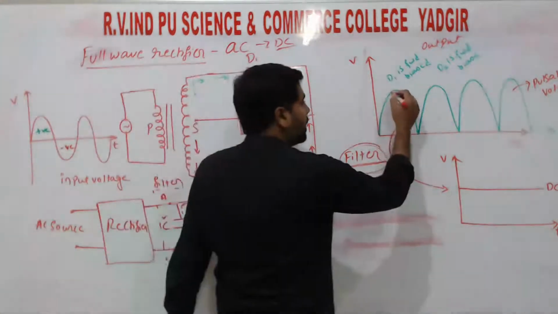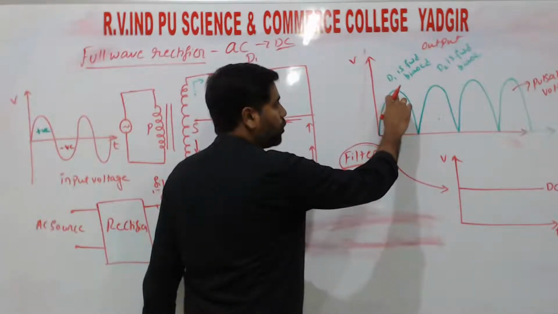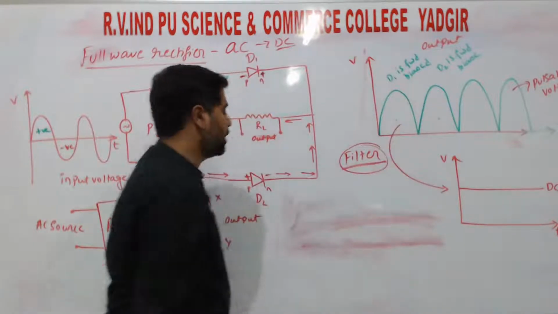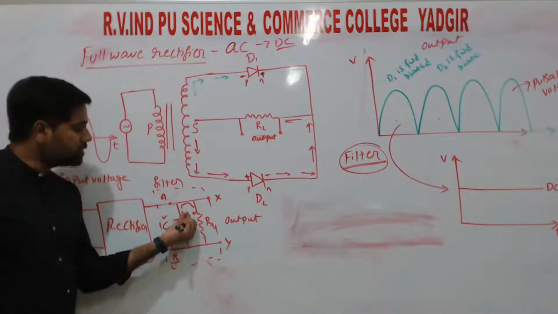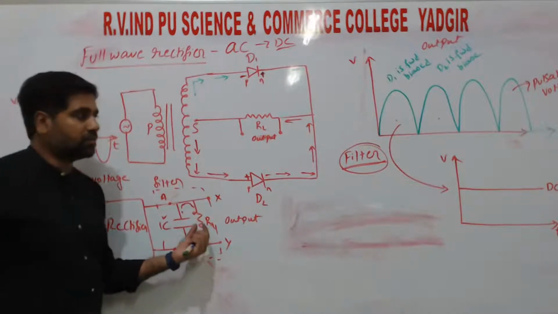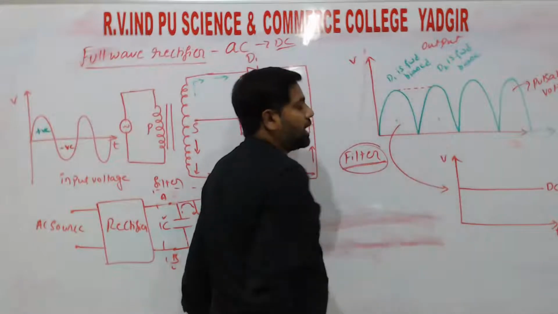So it starts from here, this is during the positive half cycle, and as the voltage goes on decreasing, that voltage has to be given by this capacitor, that means it loses its charges, it gives the charges to the load resistance, right? At that time we get a curve like this.